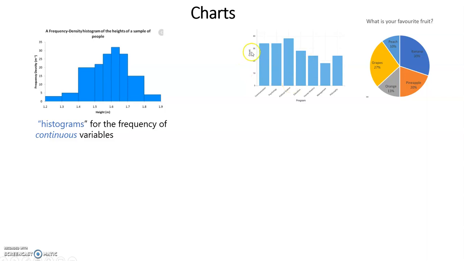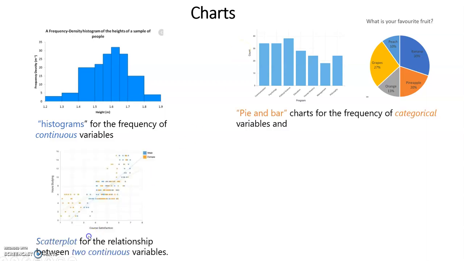For this bar chart, there is only one frequency, but you can put in other variables to find the relationship with the continuous variable. This scatter plot is used for the relationship between two continuous variables. So on the x and y axes, both of them are continuous variables.